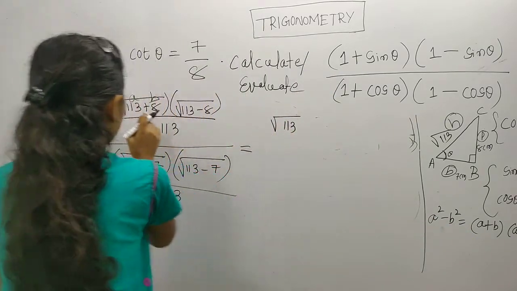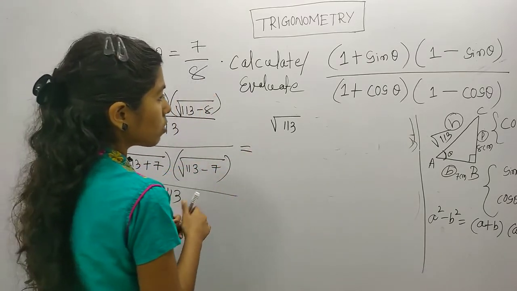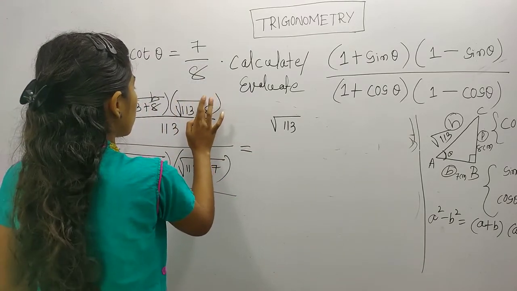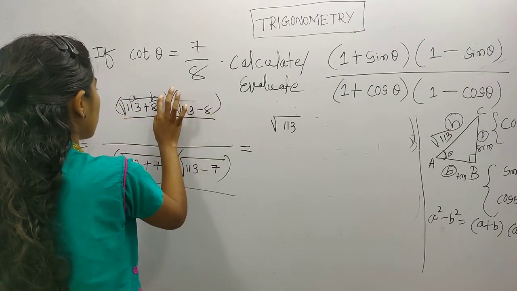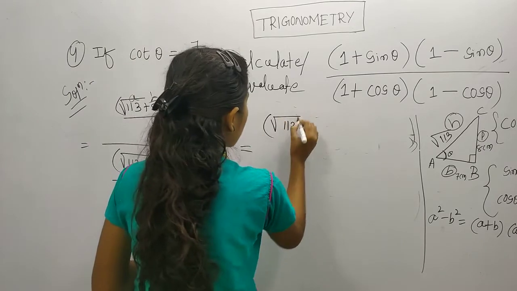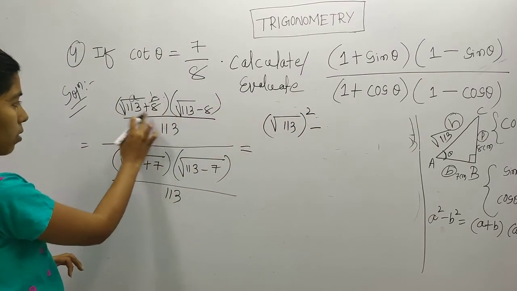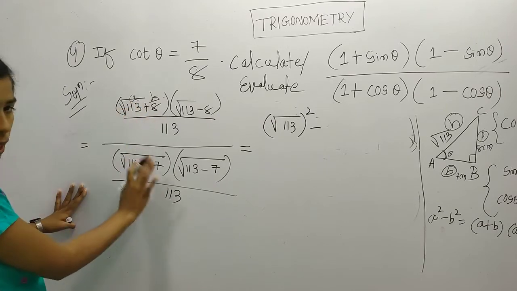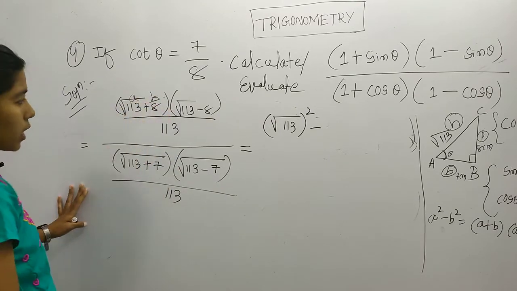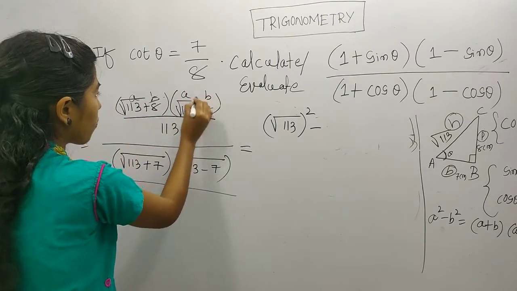So what is our A? Root 113 is the A. See, here A is root 113 and B is 8, A plus B into A minus B, right?